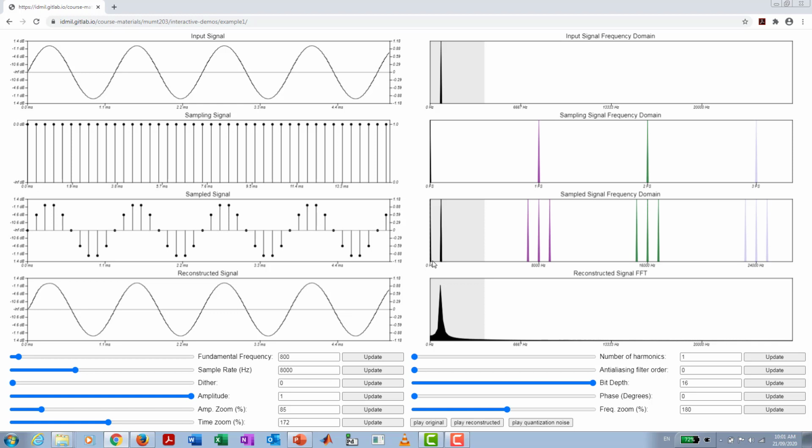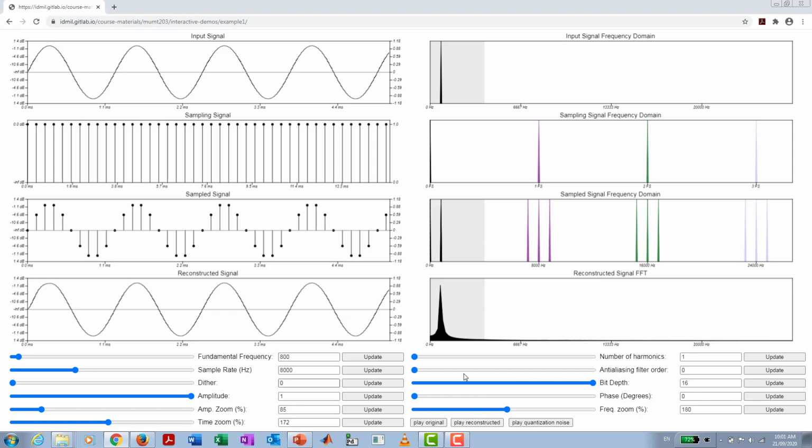So n equals 0, you have just plus or minus the original. Here I'm just showing plus. Then n equals 1, you have Fs plus the original, minus the original; 2Fs plus the original, minus the original; 3Fs plus, minus, etc. Here it's not a problem. My sampling rate is way bigger than the maximum signal input frequency.